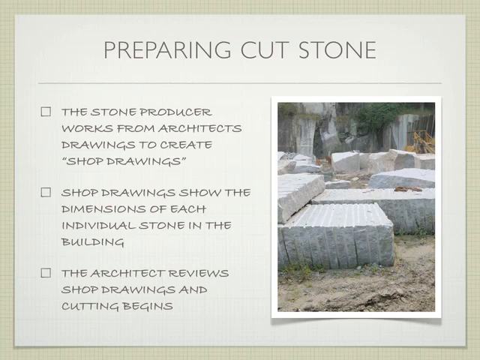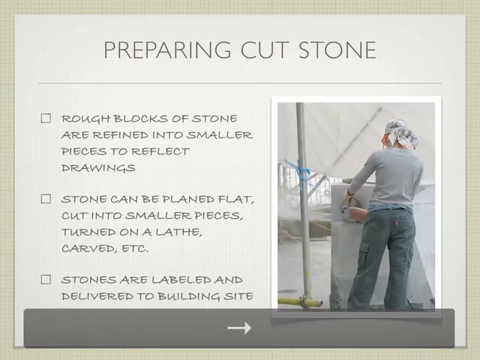It may mean getting it into a rough size and then splitting the face surface so that it has a rough texture to it without these kinds of lines in it. That might be undesirable. So they're going to get it to the rough shape and size that it needs to be. The architect is then going to review the shop drawings and approve them and say, yes, these are the correct sizes. I do want it, and this is what it's going to look like.